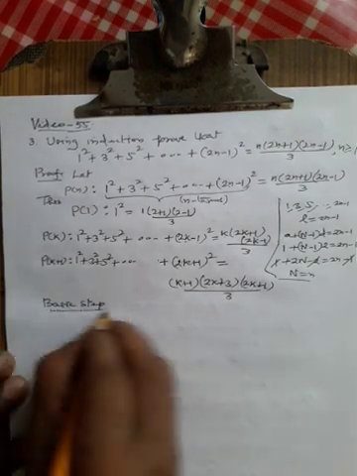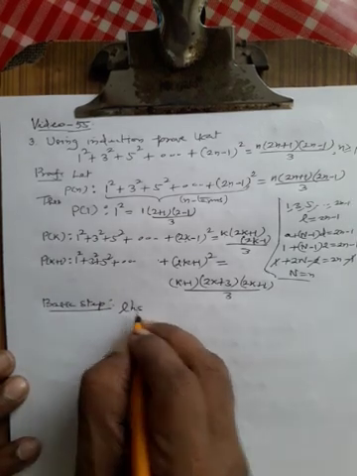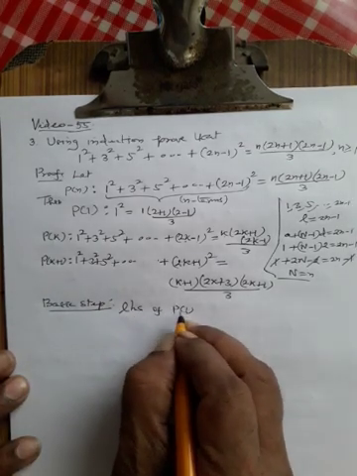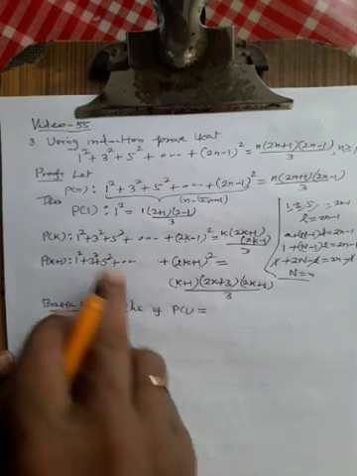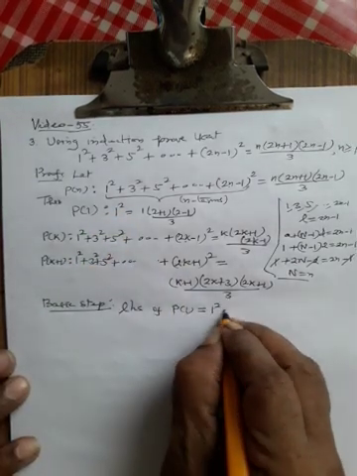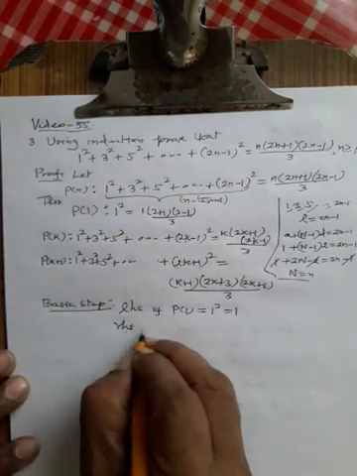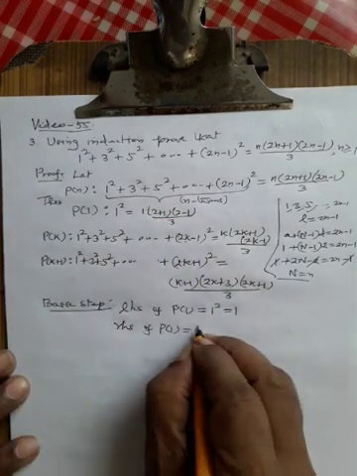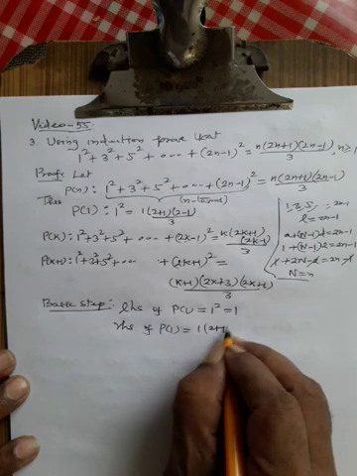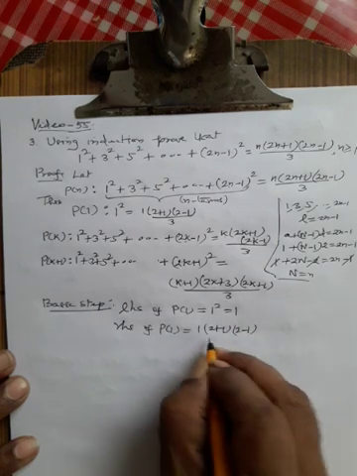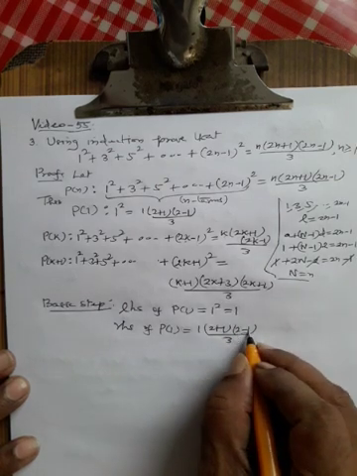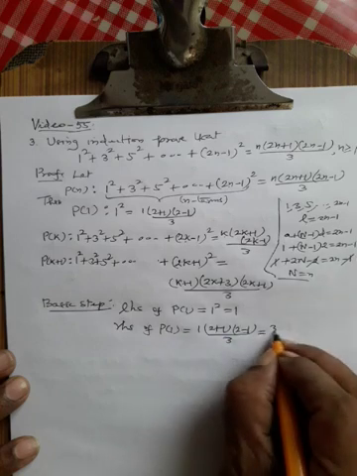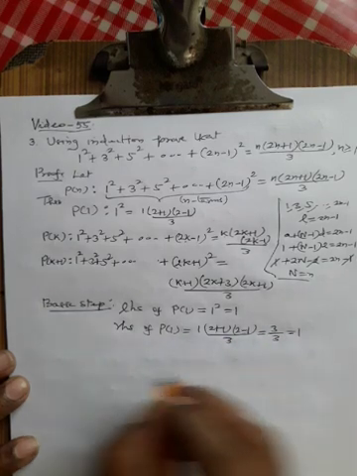Basic step. LHS of P of 1 is equal to only 1 squared, which is 1. RHS of P of 1 is equal to 1 into (2 plus 1) into (2 minus 1) by 3. 2 minus 1 is 1, 2 plus 1 is 3, you get 3 by 3 which is 1.